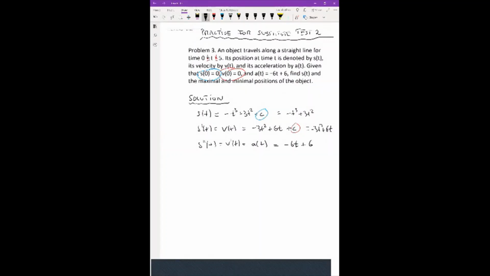So that is part 1. You found now the position of the object.